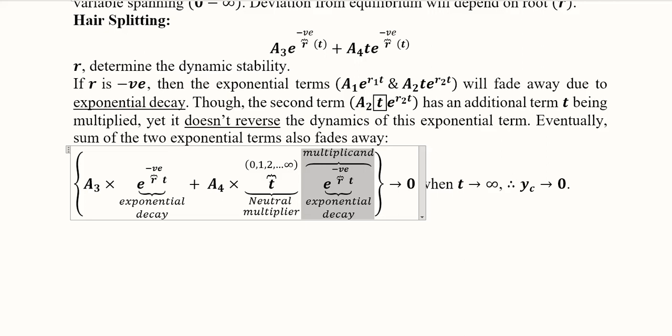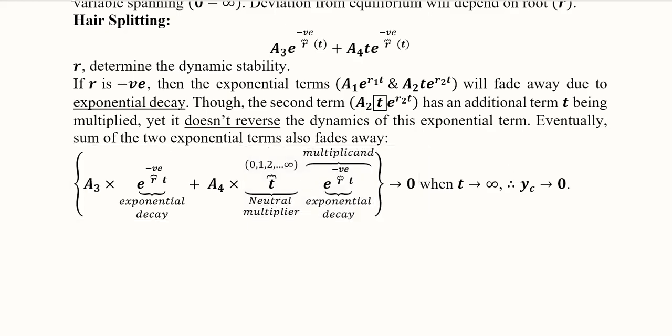So exponential decay will be in process, and definitely it is due to this negative sign. So this t can mitigate this process of exponential decay, but it's not going to reverse it. In this case, the exponential decay can slow down a little bit because of this neutral positive multiplier.